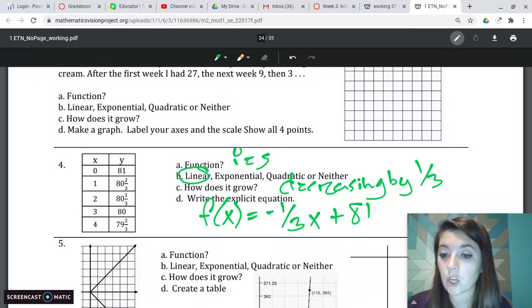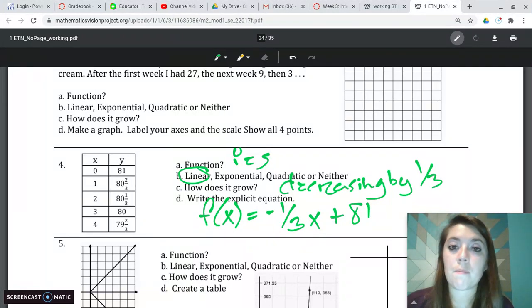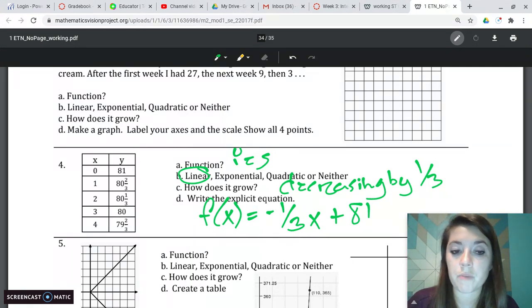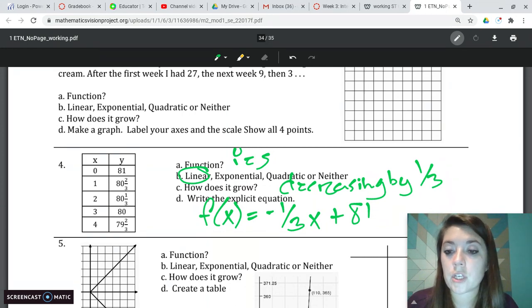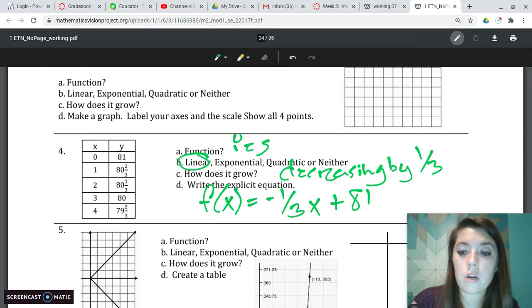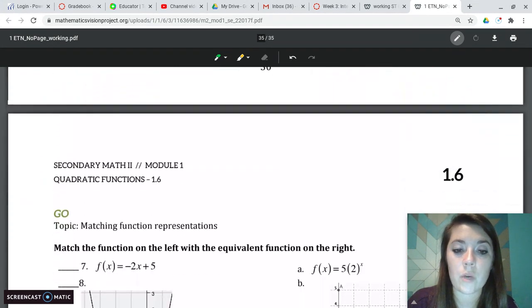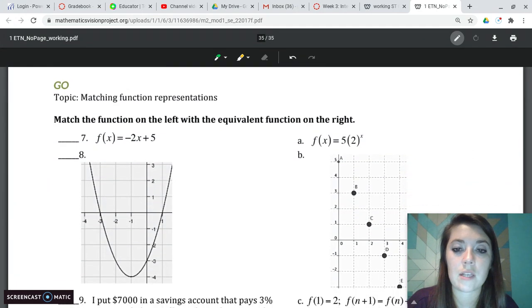So we've already done our linear function. That means you have exponential, quadratic, neither, or no function left. But what we're doing here is we're distinguishing what kind of function they are, being able to look at these and understand what kind of function is being represented. So distinguish is your key word for this lesson.